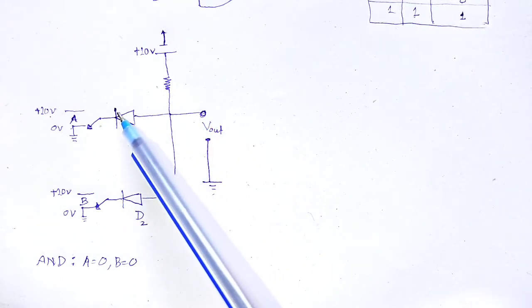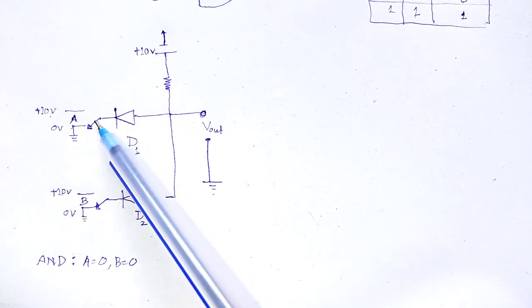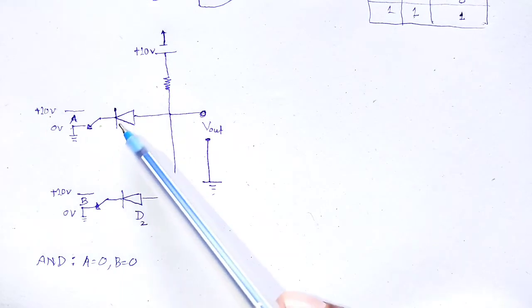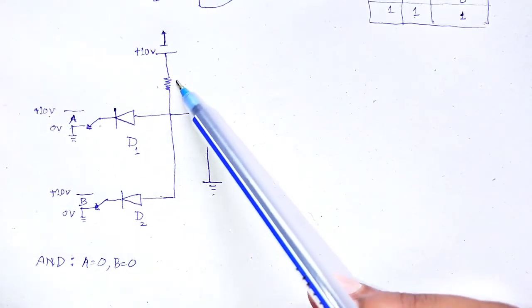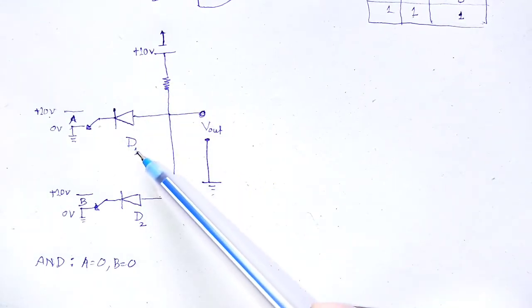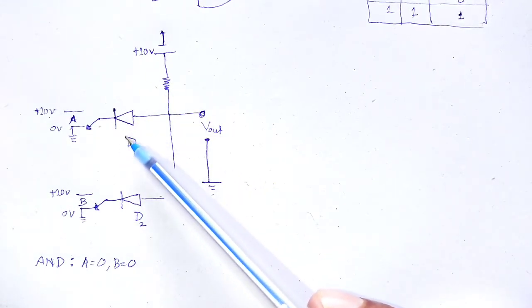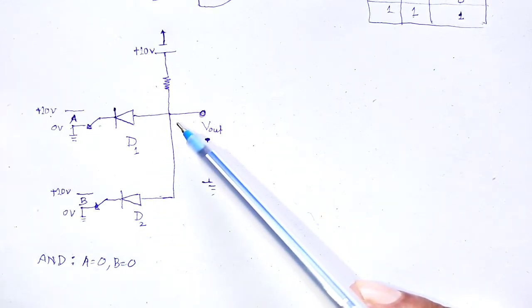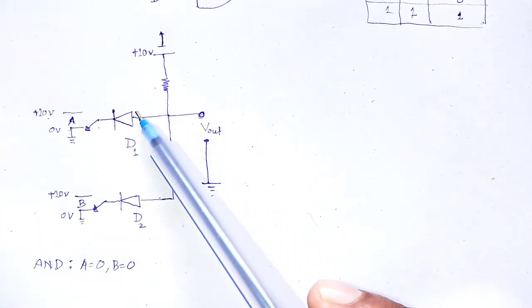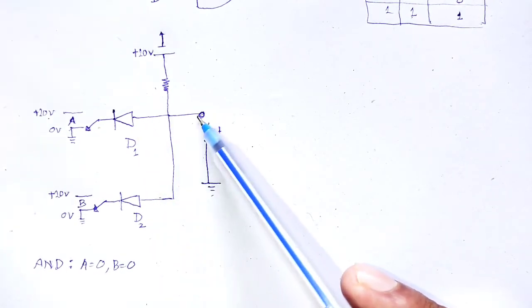With the cathode at ground level, both the diodes are forward biased. They conduct current through that of resistor R. Therefore, two diodes are grounded, causing 0 potential at the meeting point of these two anodes.